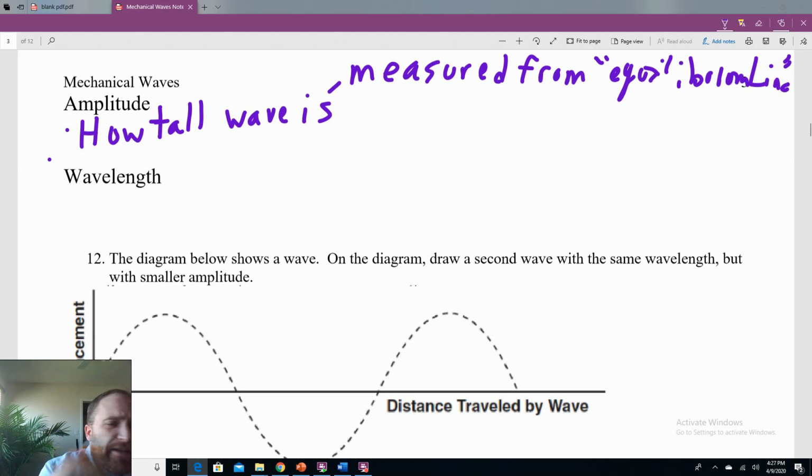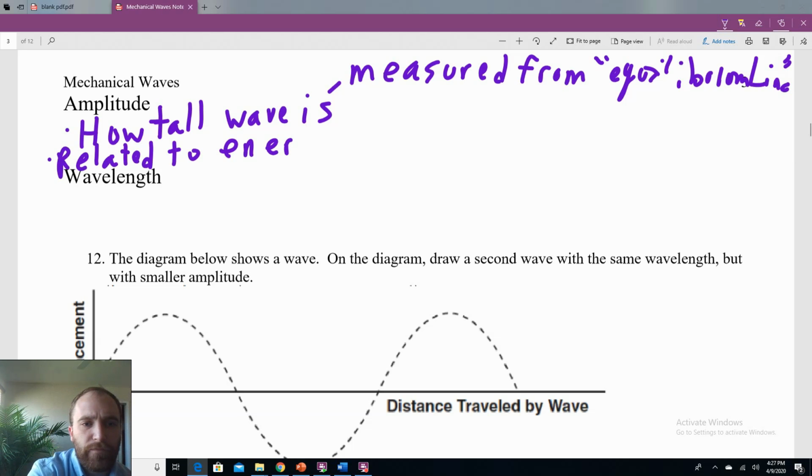The amplitude is related to the amount of energy that the wave has. When I say it's related to energy, if you think about it, it makes a little bit of sense. Imagine a water wave with a lot of energy.